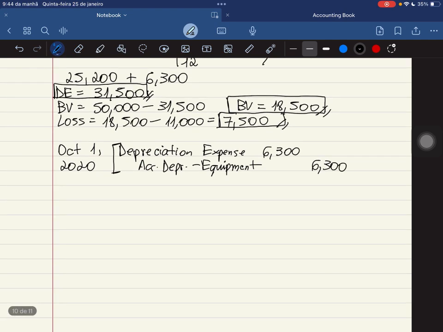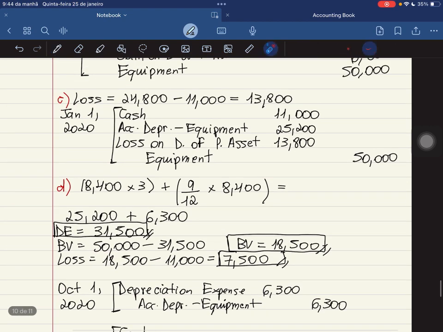First entry done. Second entry is going to be the entry to record the selling. So cash goes up, equipment goes down. Accumulated depreciation, the position is the same as before. And there is a loss. Remember that the position for the loss is over here. We have to debit it.